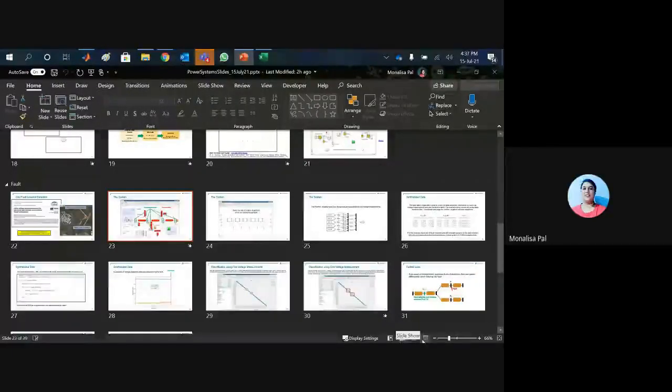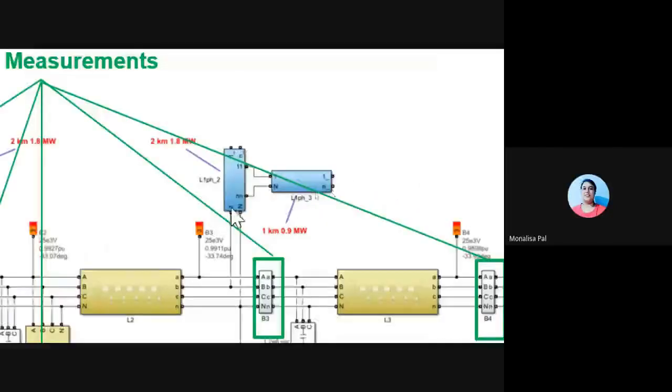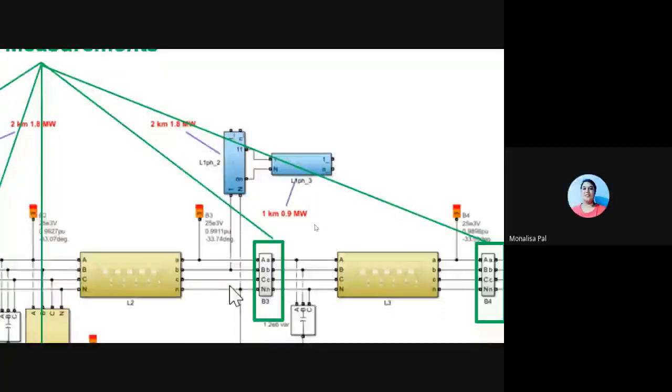Yeah. So if I have the model here, if I look particularly at the L1 PH2 and L1 PH3 regions, after the branching from the L2 line there is a fork from L1 PH2 to L1 PH3.